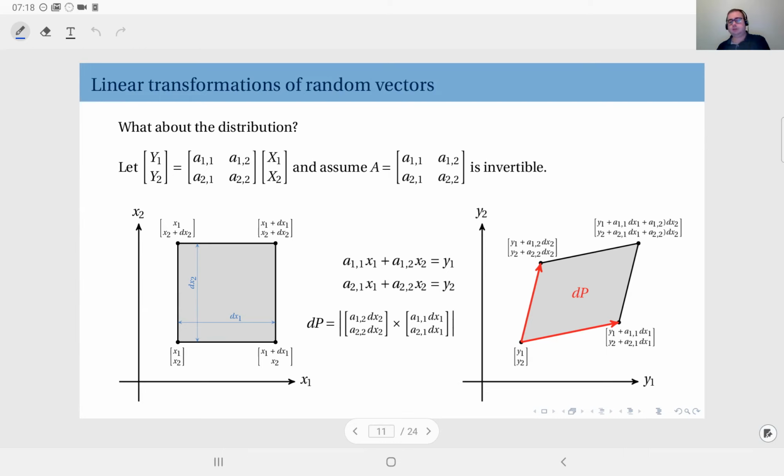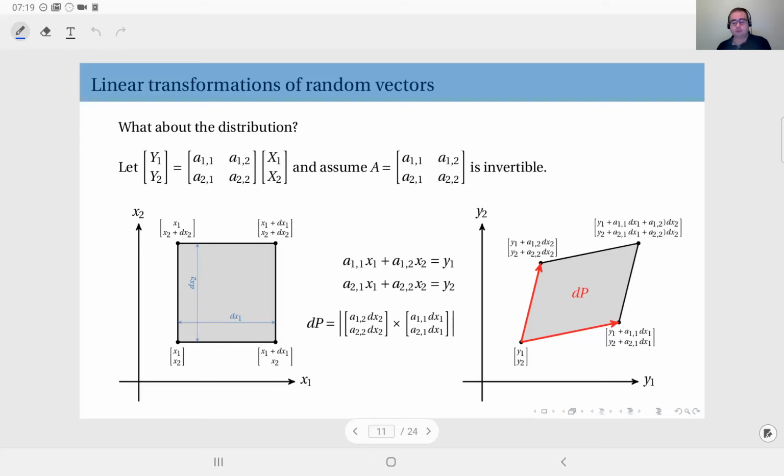But in the general case, we will assume matrix A is invertible, and if it is not, you can treat it in a different way. And this is generalizable to more than two dimensions, but the approach is in general the same.